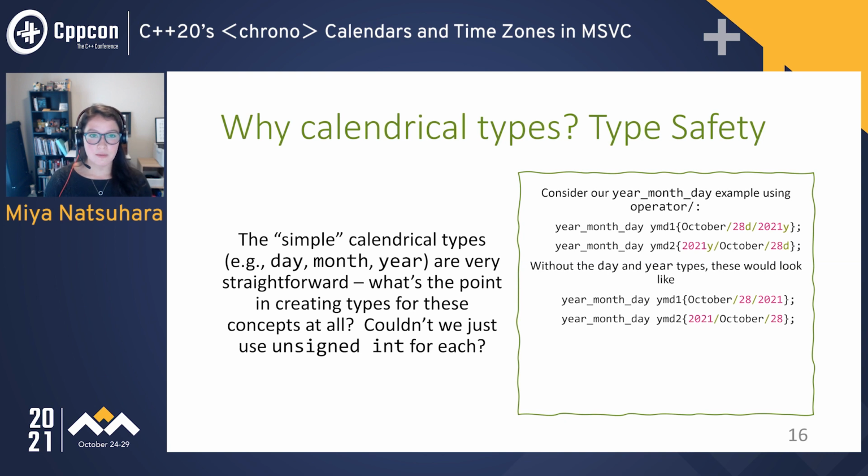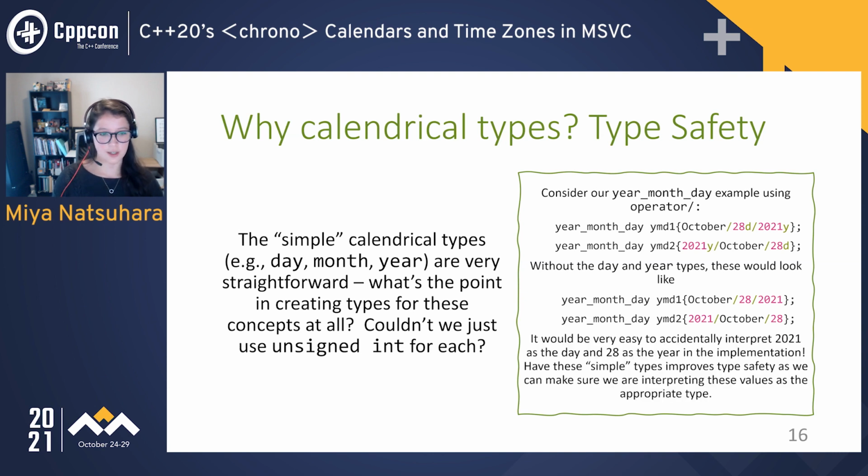And the type system wouldn't be able to help us out and clue us into something going wrong there. What we can do instead with this type system is ensure that we are dealing with things in the way that we intend, with a lot more intention here. We let the compiler do some of this work for us and double check us. So having these simple types improves type safety because we can make sure that we are interpreting these values as they are intended to be. So these calendrical types may be simple, still really, really helpful.